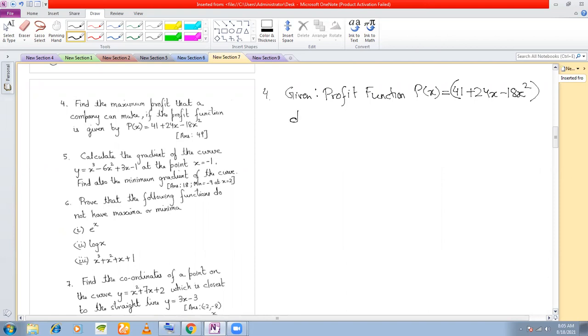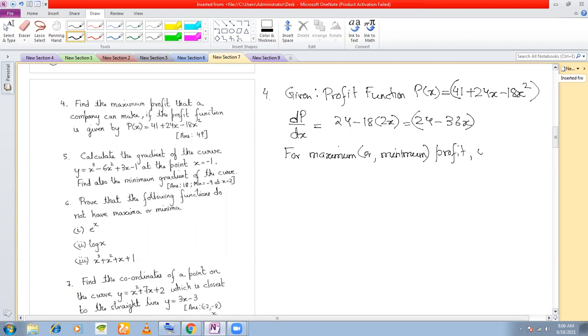So first of all, you find dP/dx. You get dP/dx as 24 - 18 into 2x, which is 24 - 36x. Now for maximum or minimum profit, that is for the turning points, what is the condition?